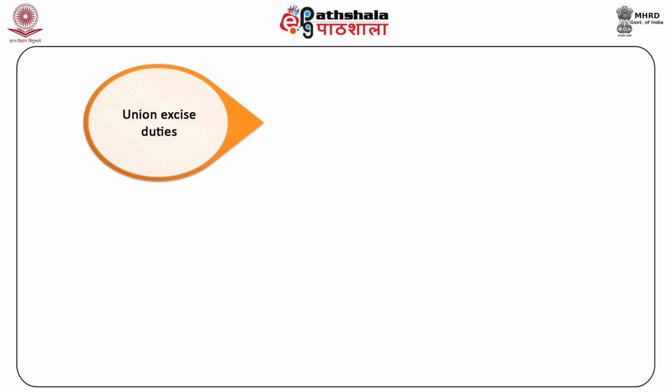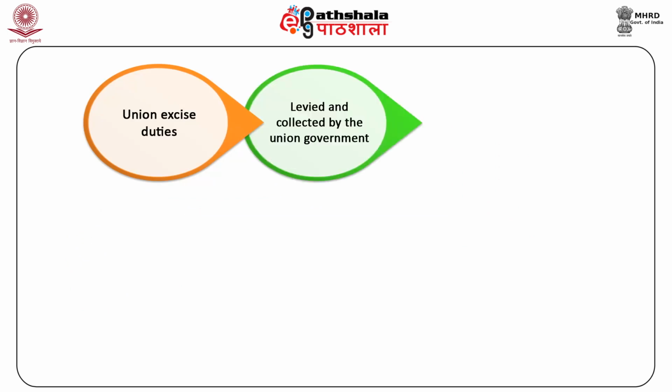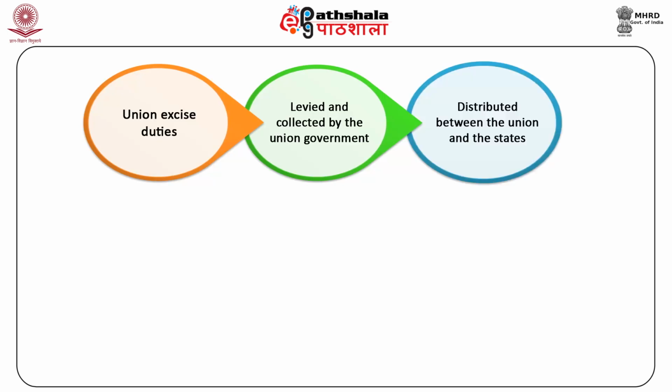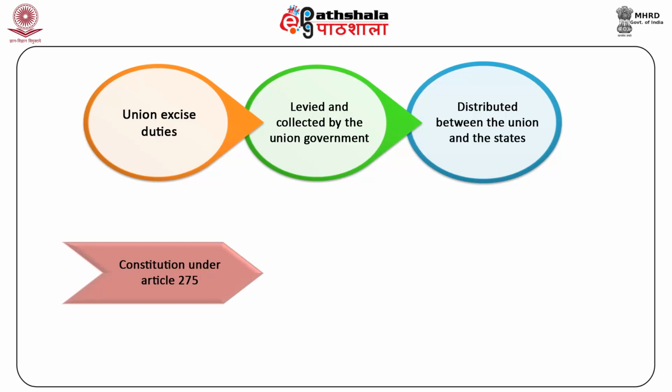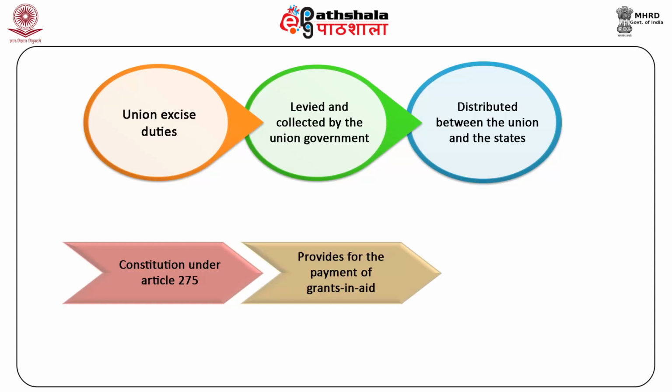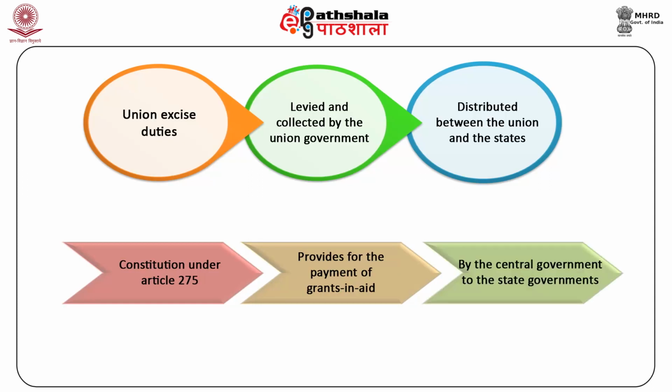Union excise duties are levied and collected by the Union government but may be distributed between the Union and the states. The Constitution, under Article 275, provides for the payment of grants in aid by the central government to the state governments.